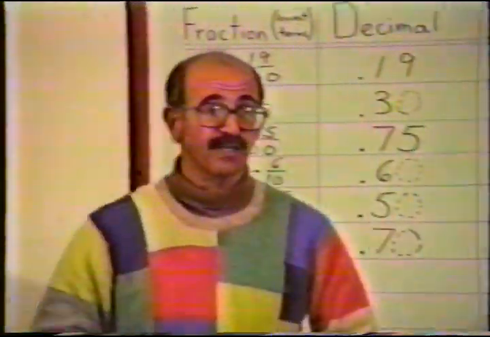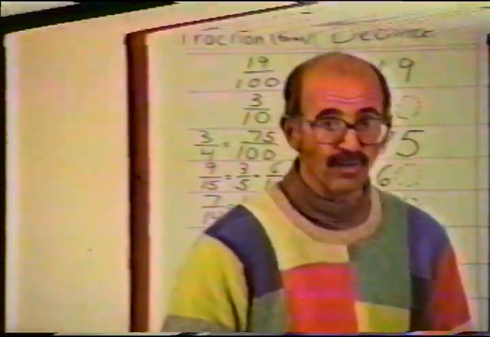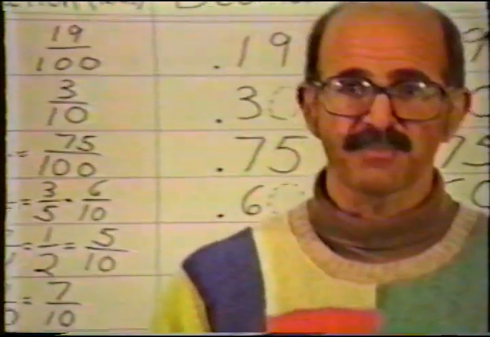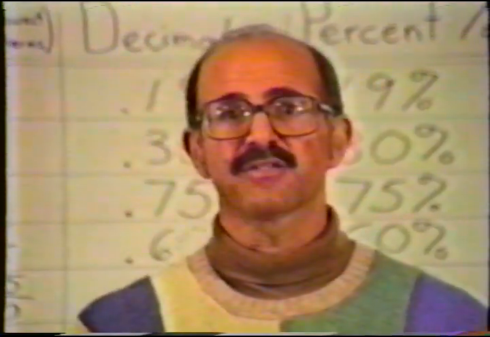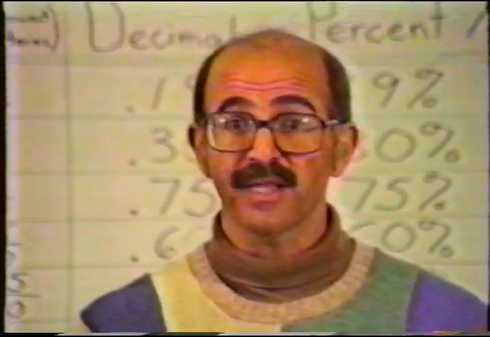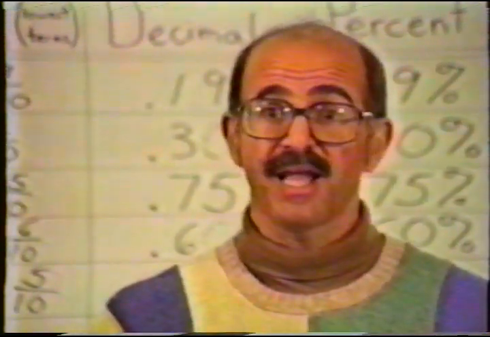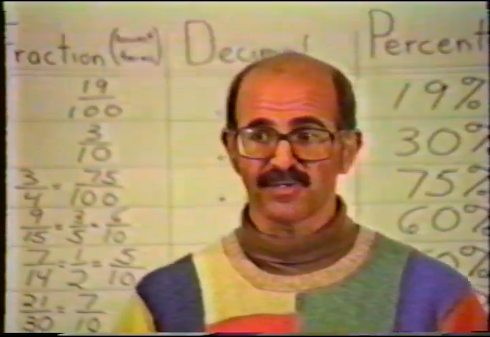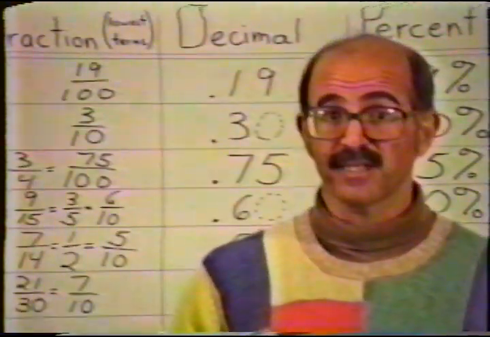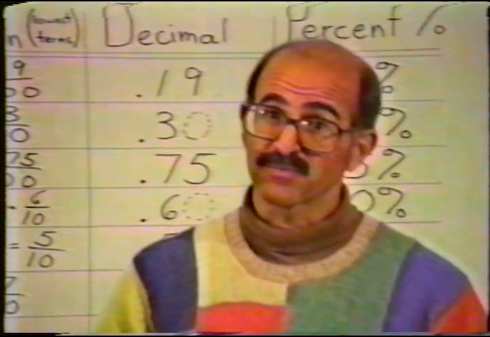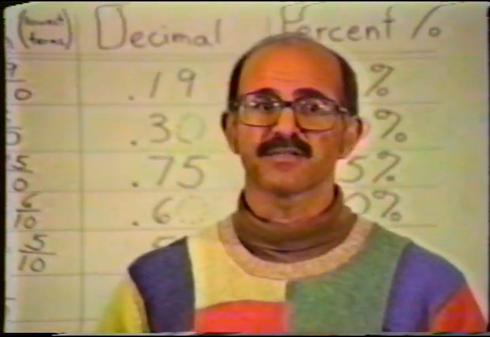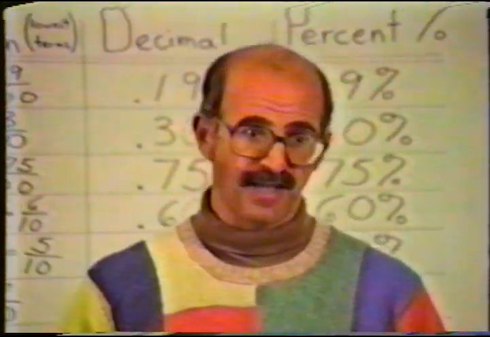70%. So we see the general rule for changing a decimal to a percent is to move the decimal point 2 places to the right and to add a percent sign. And the general rule for changing a percent into a decimal is to take away the percent sign and move the decimal point 2 places to the left.